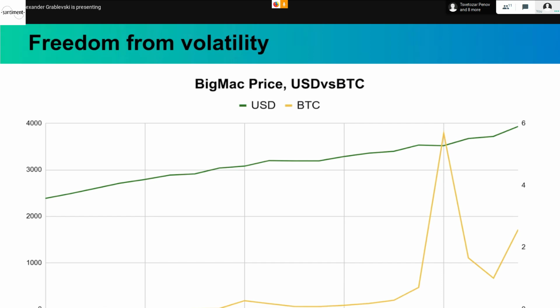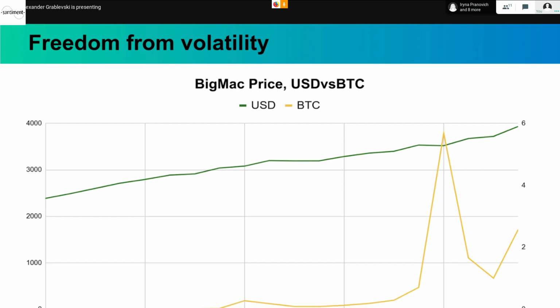When you want to buy, for example, a Big Mac for Bitcoin, and you want to save it, for example, until next year, that's not really a good idea because Bitcoin is very volatile. So that doesn't work actually. There are some stable currencies like fiat currencies, for example, Euro or USD.